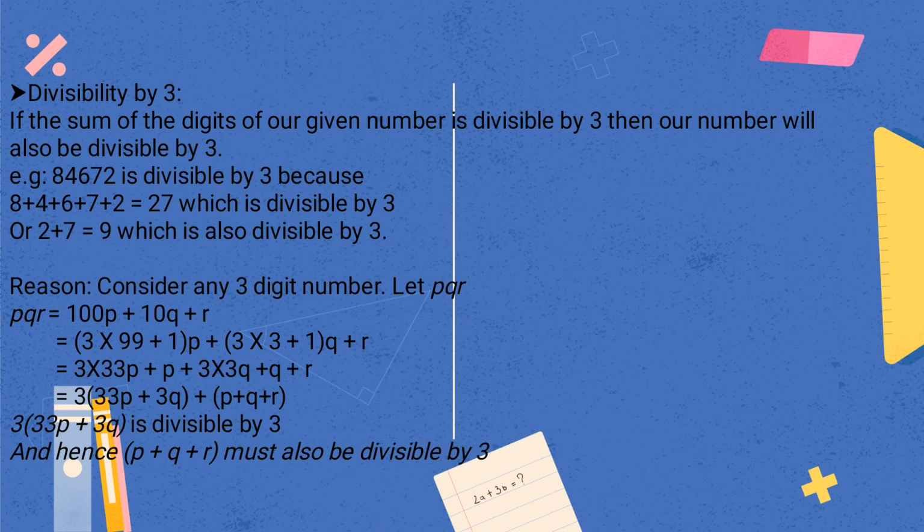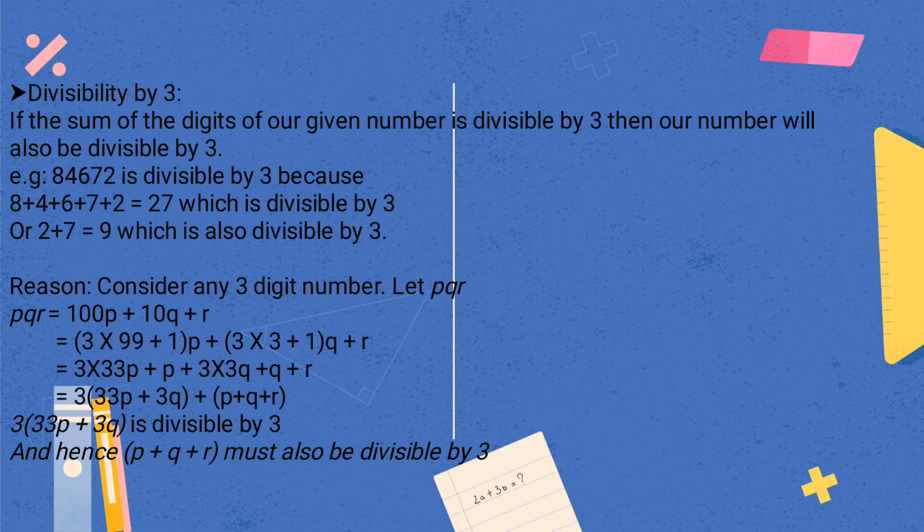Let's see whether a number is divisible by 3 or not. To check this, just remember that the sum of digits of the given number must be divisible by 3. If the sum of digits is divisible by 3, then only our number will be divisible by 3.